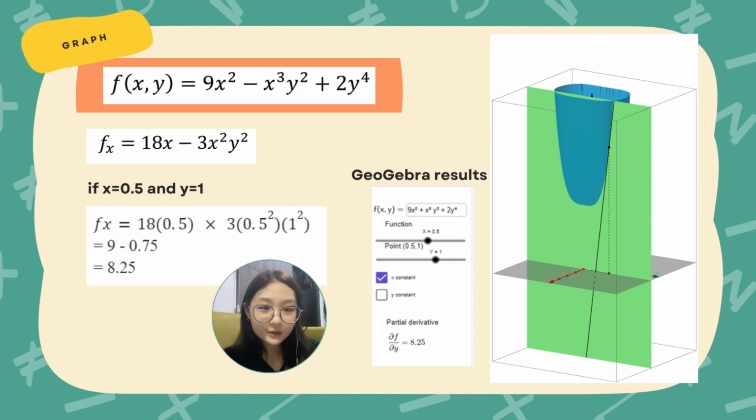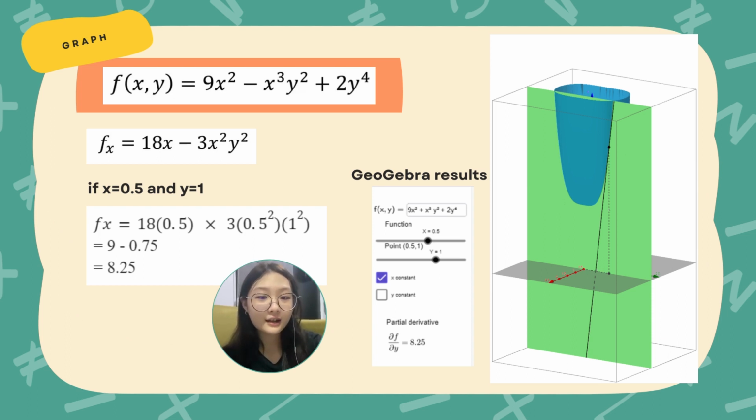Okay, so now we are going to try and plot the graph using a website called GeoGebra. Here I'm using the fx, which is 18x minus 3x squared y squared, and the numbers I'm going to put are x equals 0.5 and y equals 1. So we just need to replace the x and the y with the numbers that we want.